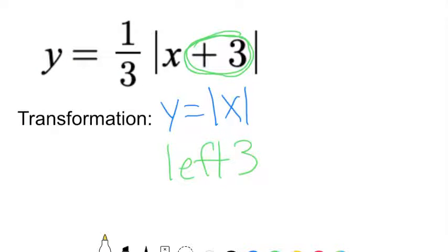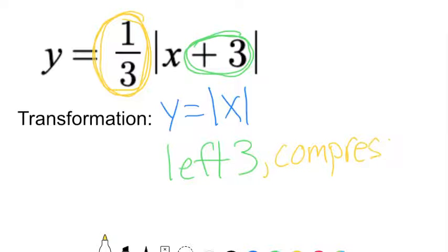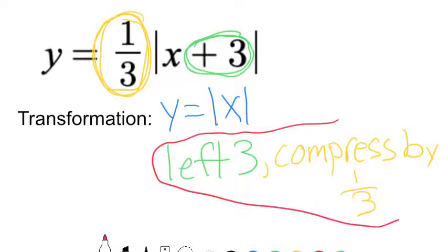Then we also have this 1/3 outside, not with the x, not right beside it. So that 1/3 is telling us to compress by 1/3. And that is our transformation from our parent function.